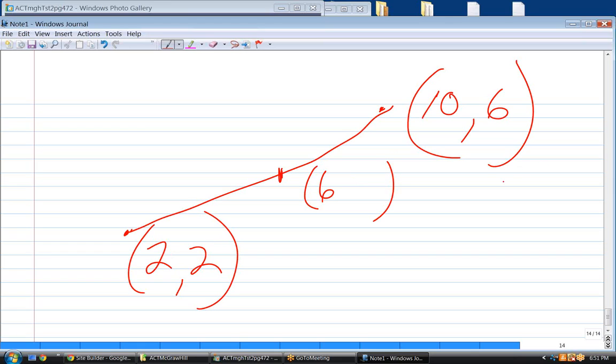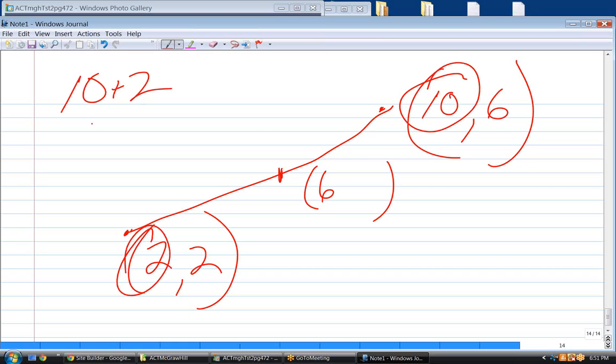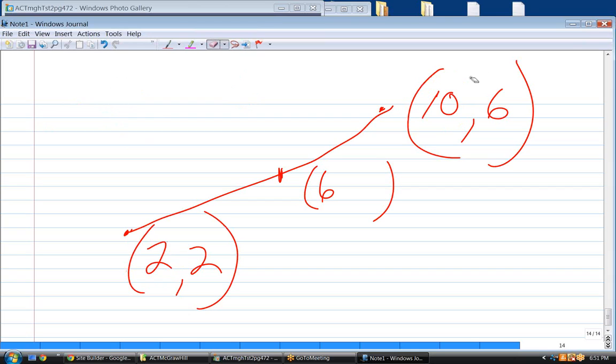The way you technically get it is you take that plus that and divide by 2. In other words, you take 10 plus 2 divided by 2 gives you that midpoint. But I want you to be able to conceptually see it. In other words, you don't always have to use equations that you've memorized. In these cases with midpoints, you just need the halfway point, however you figure it out.